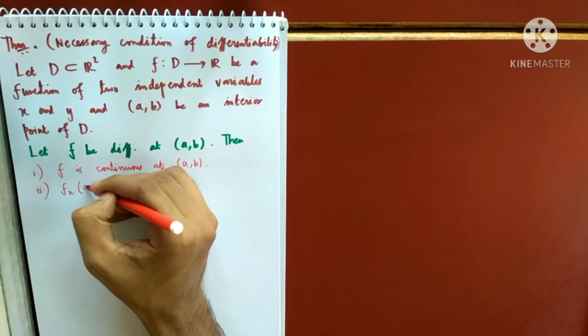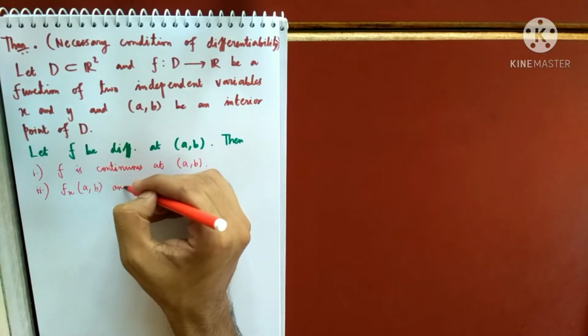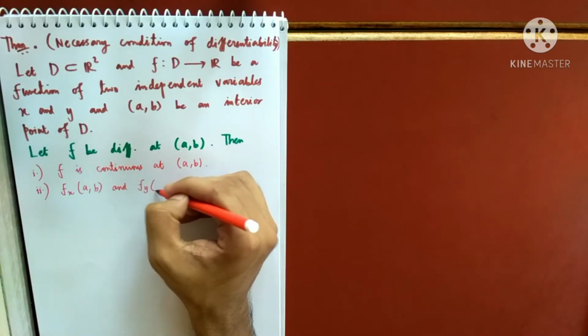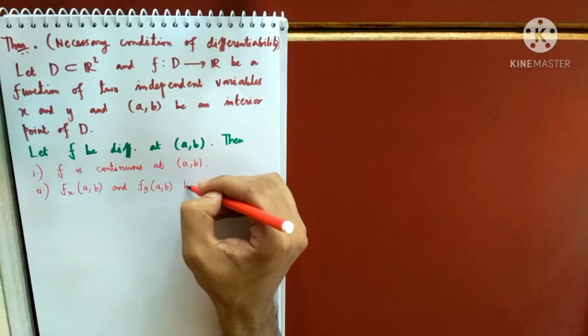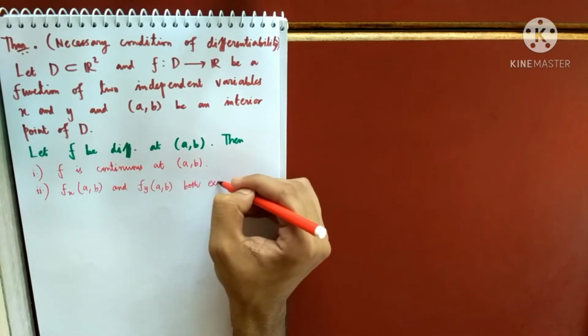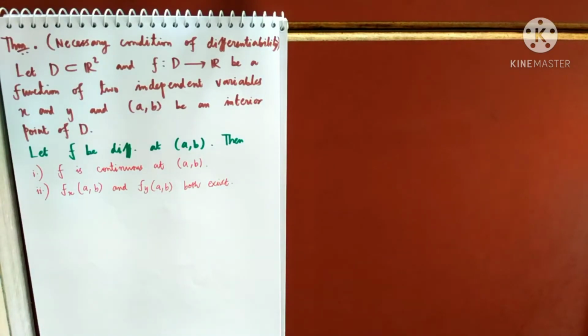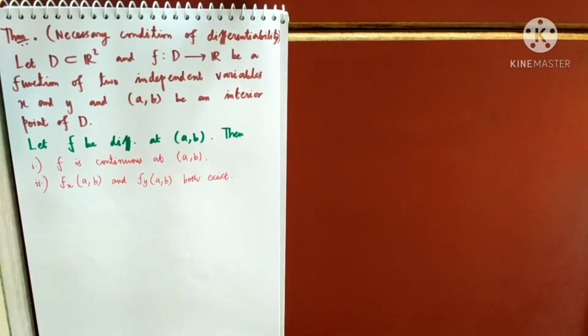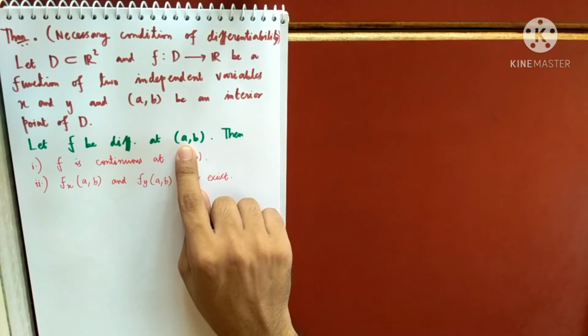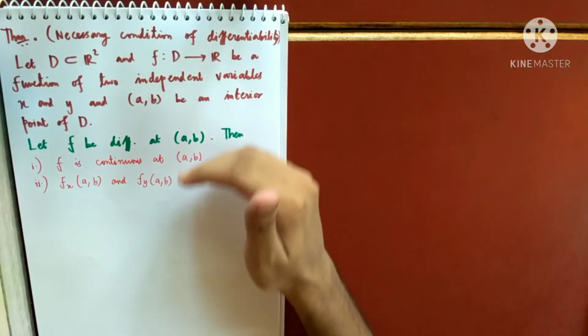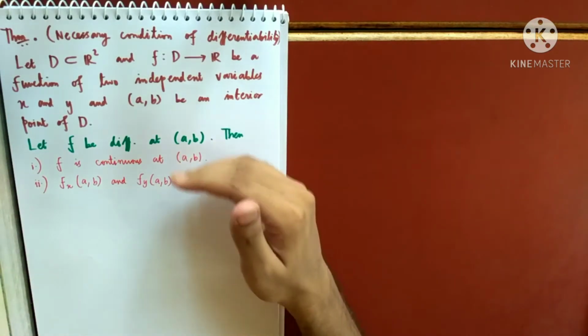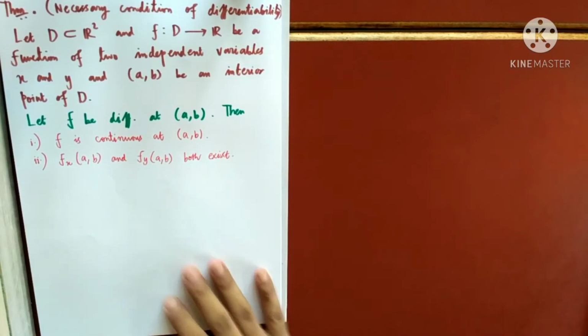That means fx at a comma b and fy at a comma b both exist. You will see that when the function is differentiable at a comma b, both of the conditions hold.